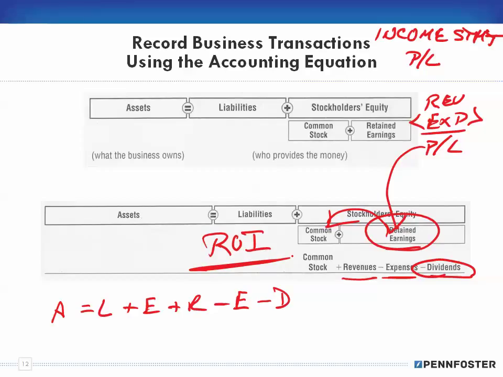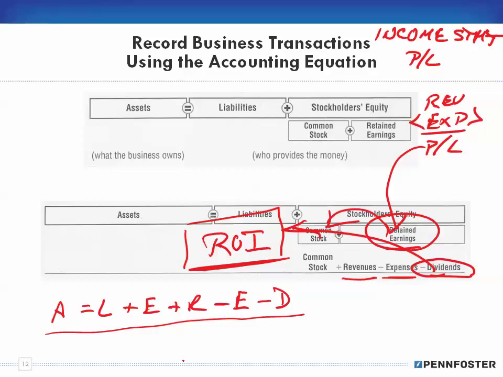They're not there to just give you their money and get nothing in return. That's why we pay dividends out of retained earnings. So our extended accounting equation is assets equals liabilities plus equity plus revenue less expenses less dividends.